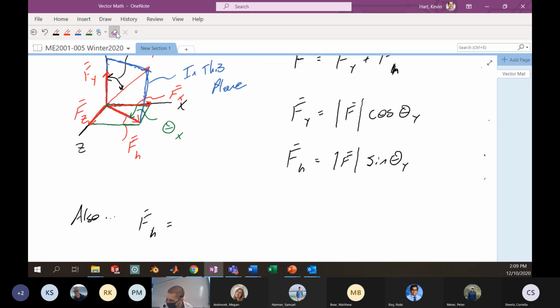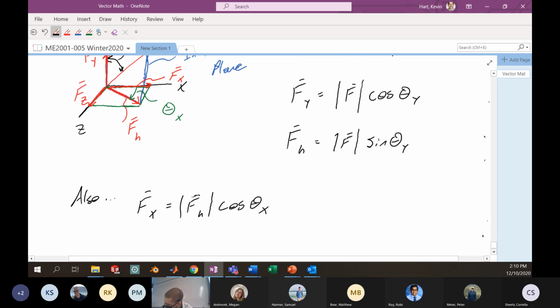Okay. So if this is the case, then I can write my resolved components, which is Fx equal to the magnitude here of Fh times cosine theta x.